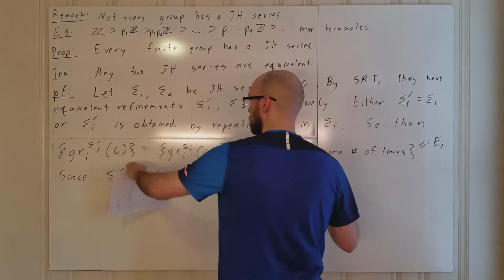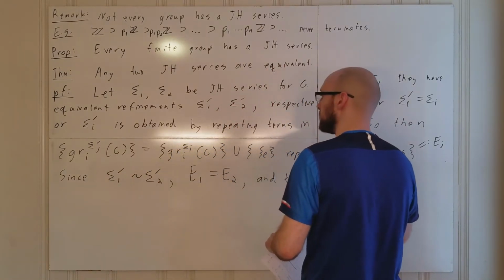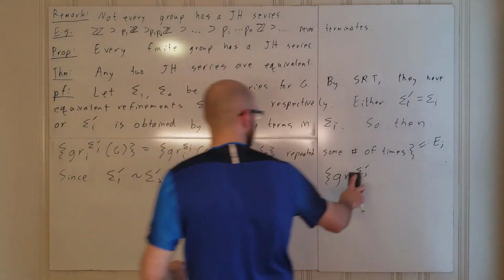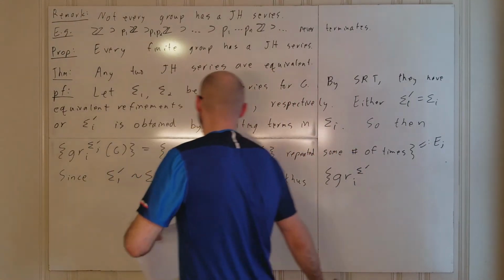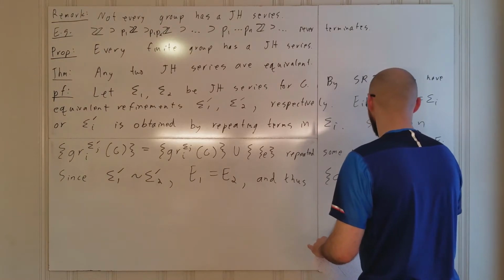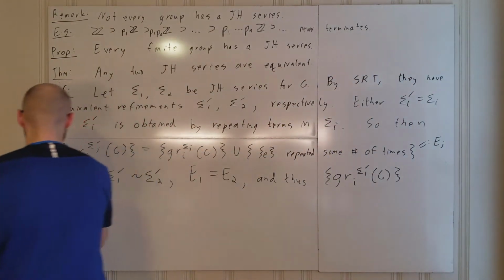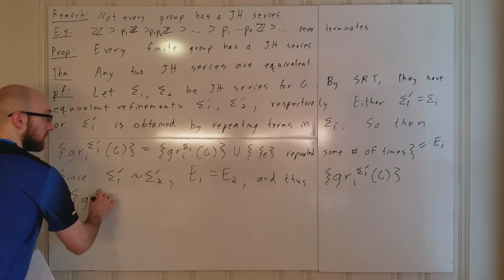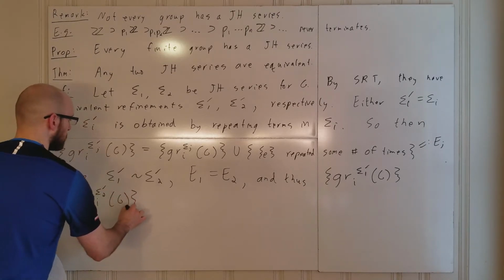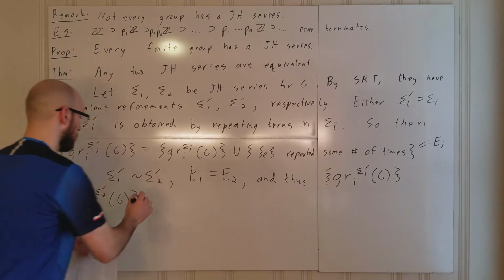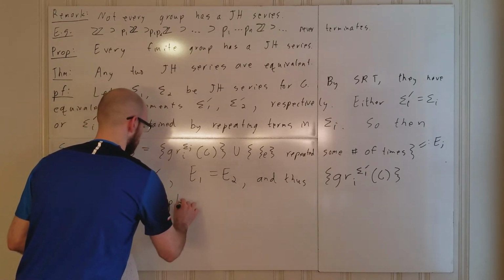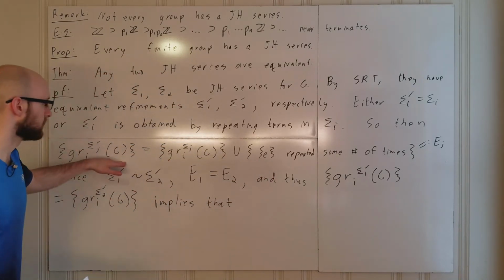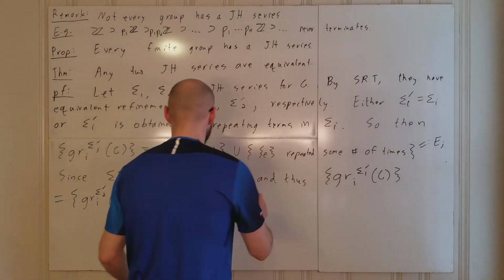And thus, the fact that gr_i of sigma 1 prime, G is equal to gr_i of sigma 2 prime, G, and these two are equal because the refinements are equivalent, implies that, well, if the identity appears the same number of times in each of these, then if we throw them all out, we'll still have the same thing left over.